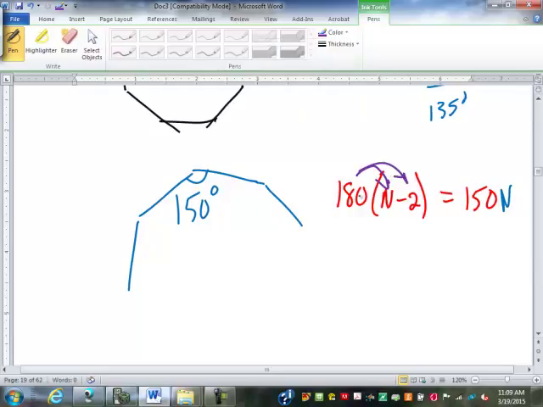Yep. So 180 times n is 180n. 180 times negative 2 is a negative 360.